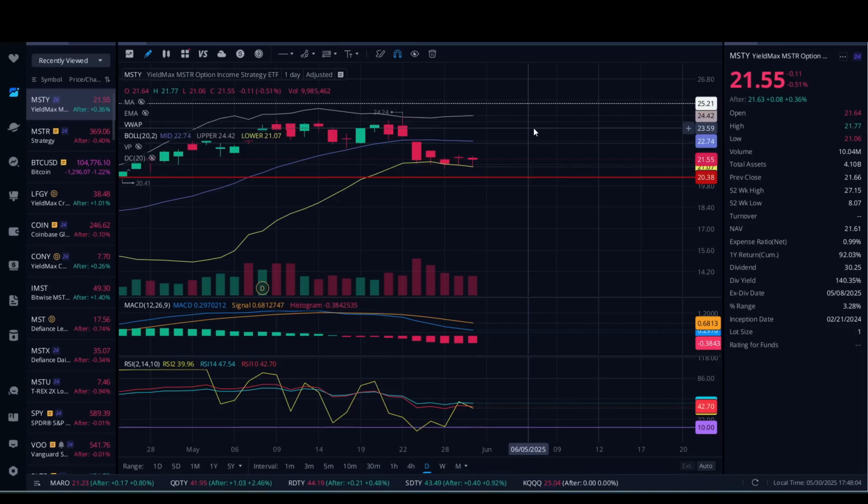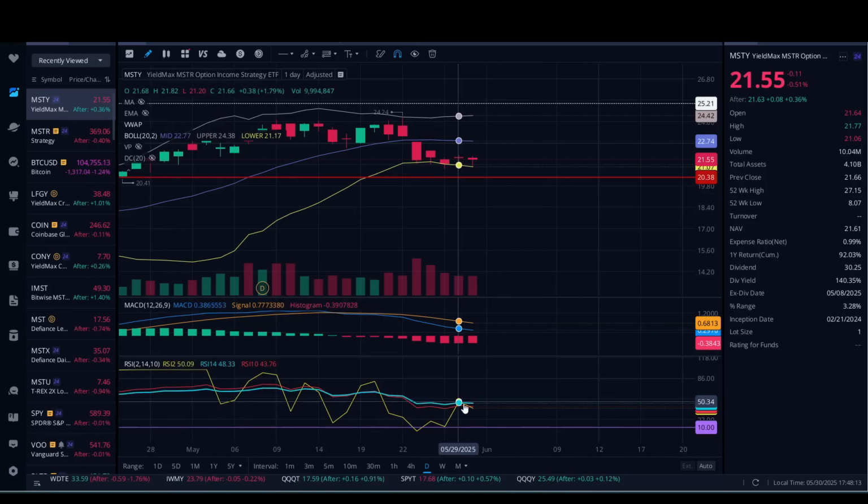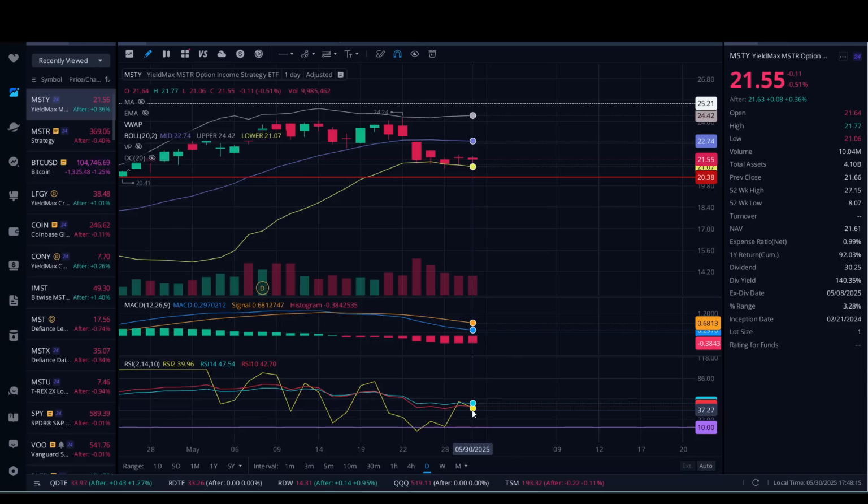And then my next item that I'm looking for is the RSI2 indicator. And as you can see here, that yellow, that's the RSI2 indicator right here. So right now it is sitting at 39.96.